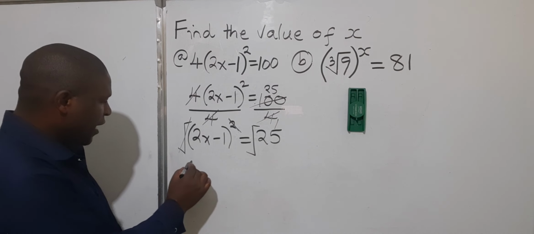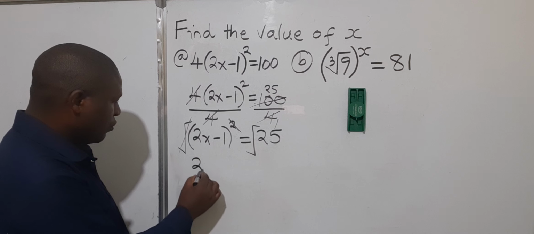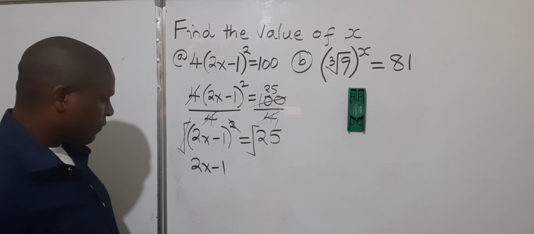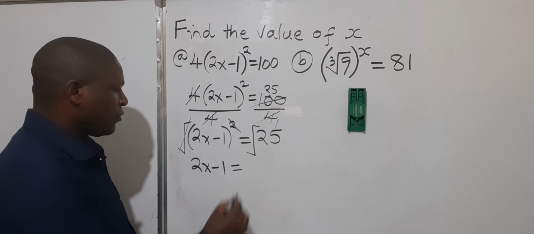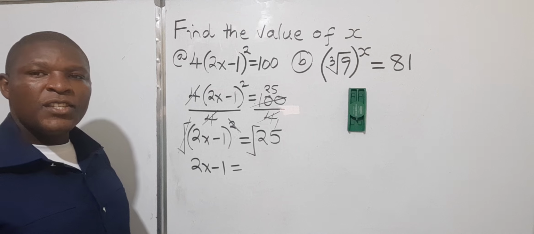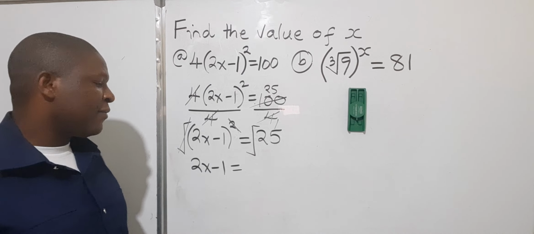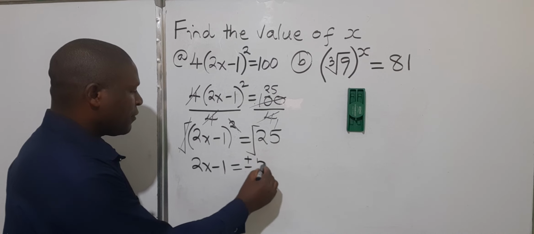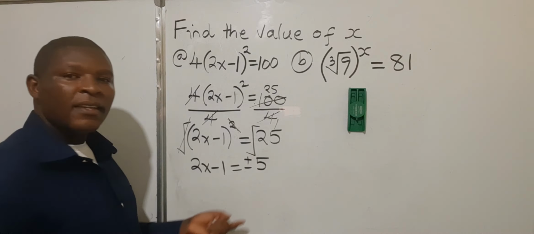So on your left hand side, you are going to have 2x minus 1 equals to the square root of 25, which is not just a 5, but a positive or negative 5.